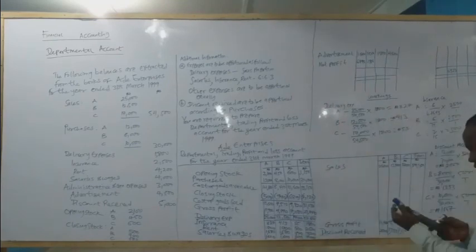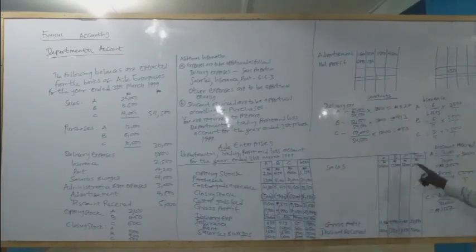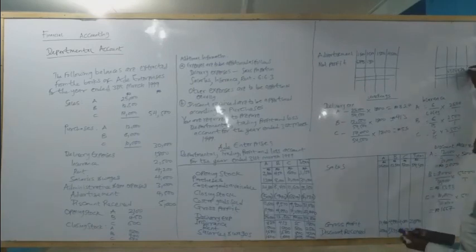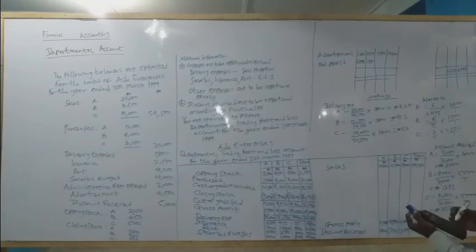Then for department C, I have 7,080 plus 1,667, which gives me 8,747. So from here, I can deduct all my expenses.